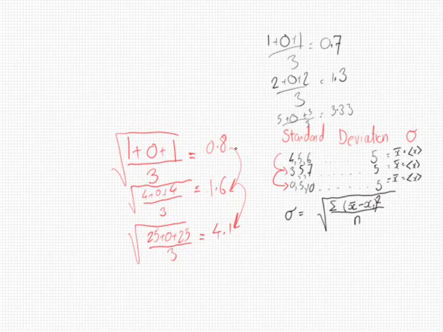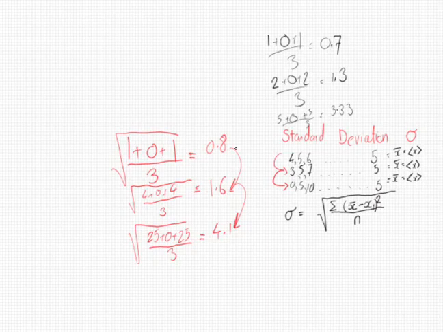I spent a good bit of time on explaining standard deviation, so therefore more calculations. That's when you have 3 numbers. But you notice this formula can be difficult to calculate because of the square root. So there is another formula you can use, which is a little bit quicker.